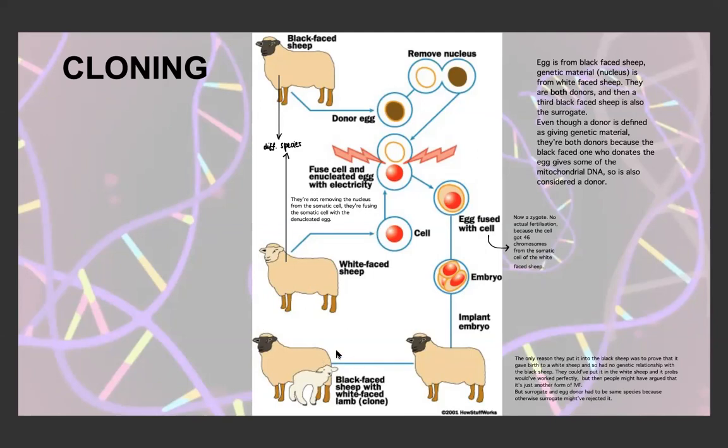But the offspring born has the identical genetic information to the white-faced sheep because it came from a somatic cell of a white-faced sheep. So the black-faced sheep was the donor of the egg, and it was the surrogate, but the white-faced sheep was the donor of the genetic material, and that's the species of the baby that was born. So that's basically the process of cloning.